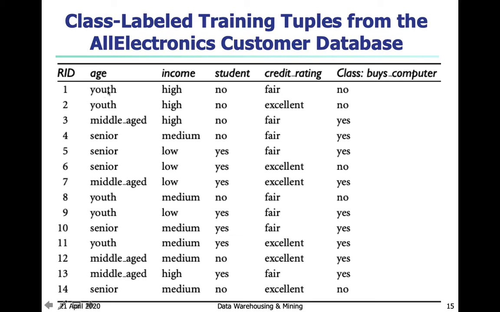You have to check each attribute to see which one is the best. So we are starting with age, then we will check income, then student, then credit rating.